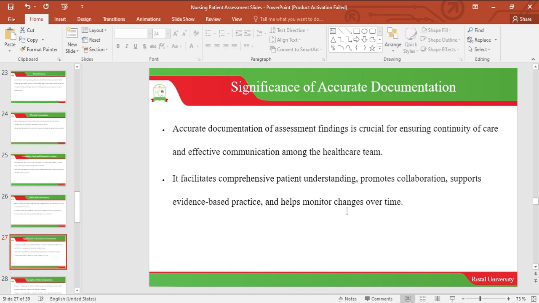Therefore, it is important that the nurses document all the findings that they get from the patients. Whether they are results, they should all be documented. Because if documentation is not done, it means that there is no evidence.